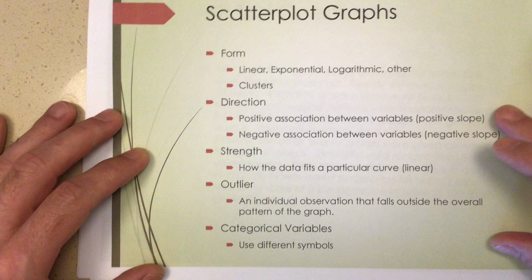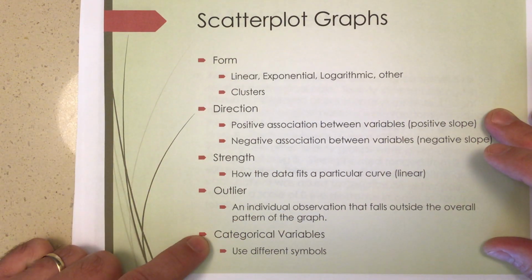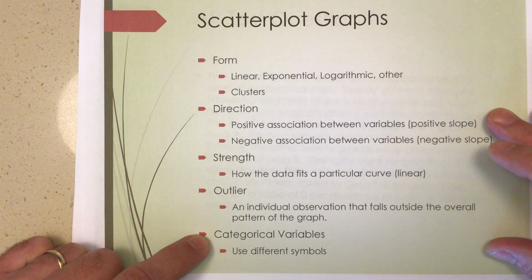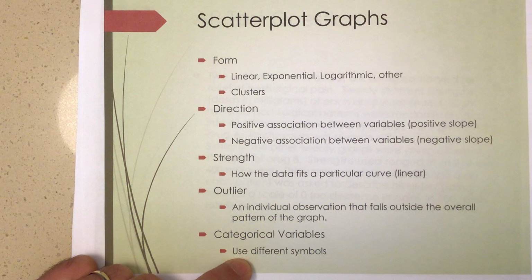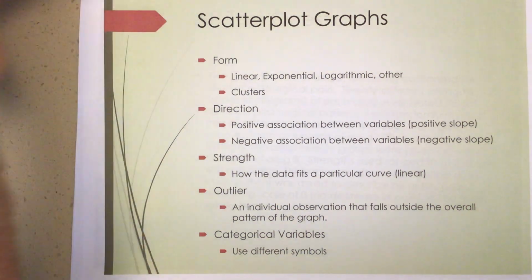All right. The other thing, I kind of mentioned this earlier. If you suspect that clustering is occurring, or there's some kind of pattern occurring that's due to categorical variables, then use different symbols, right? So let's just make another example real quick.